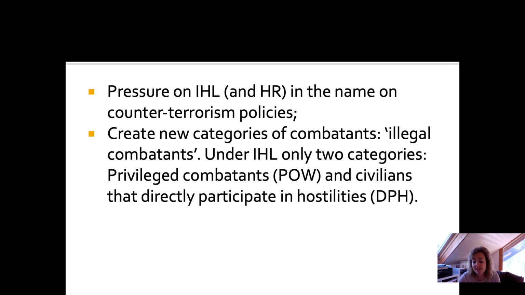The pressure came, for example, in categorizing certain persons as terrorists, in detention issues, and so you could see, for example, that human rights organizations were negotiating language in those resolutions, reminding states that when they are addressing or adopting counterterrorism legislation, they are obliged also to take into account IHL, human rights and refugee law when applying those domestic legislations.